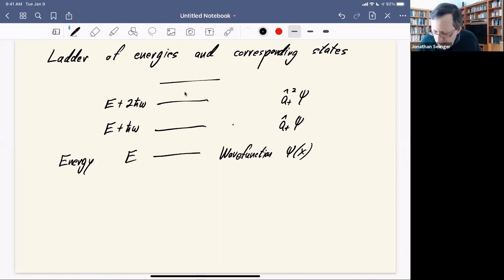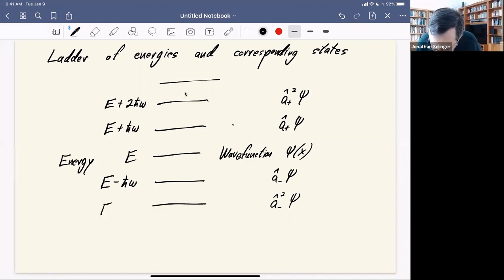Then I could also hit it with A minus. This would give us an energy E minus h bar omega. And I could do that again, A minus squared acting on psi.